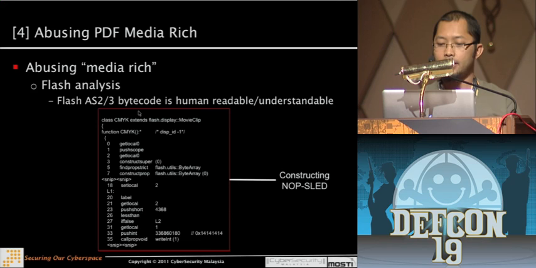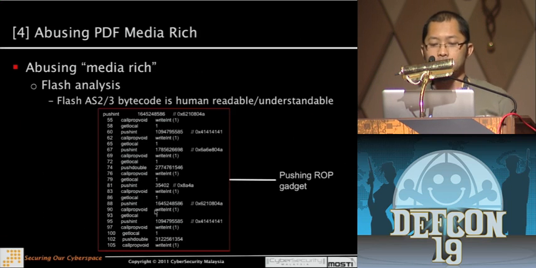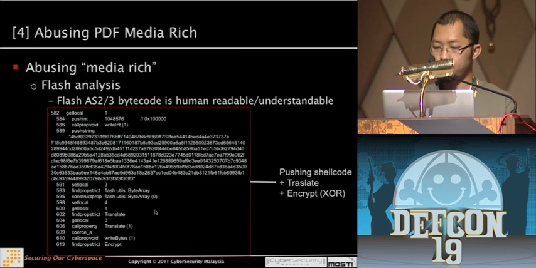And if you cannot do decompiling, you can always do some bytecode analysis here. For example, this one is pretty much trying to construct the NOP slack for the shellcode. You can see over here it pushes some stuff, pushes integers, and there are a couple of loops over here to assign the array. And this is another one pushing some ROP gadgets on top of the shellcode. And then pretty much here, you can also put some shellcode and try to obfuscate it.